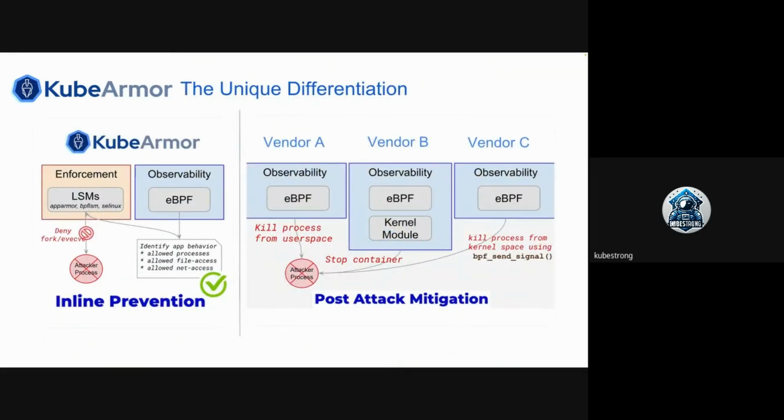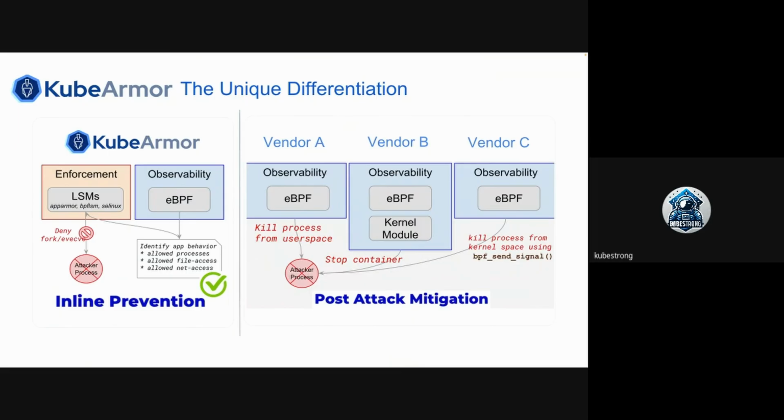What's the unique difference KubeArmor brings? There are a lot of container and runtime security tools in different categories. On the left-hand side, you can see KubeArmor leverages eBPF for observability and then applies enforcement using LSM modules, AppArmor, BPF LSM, or SELinux.